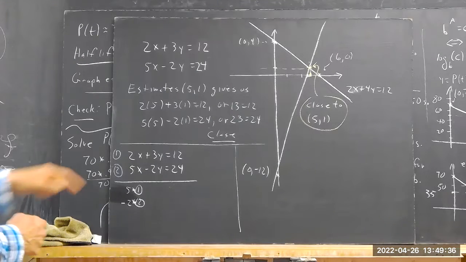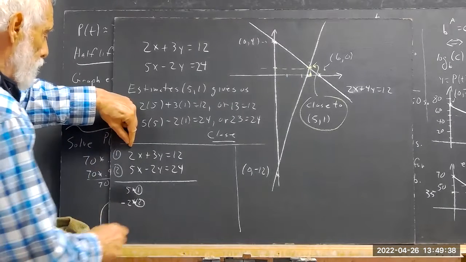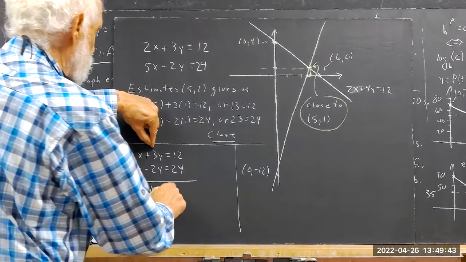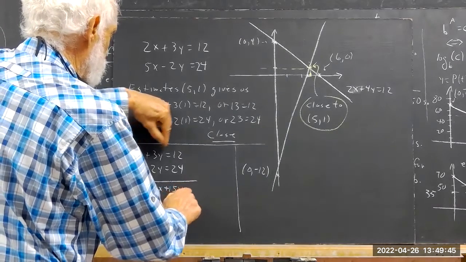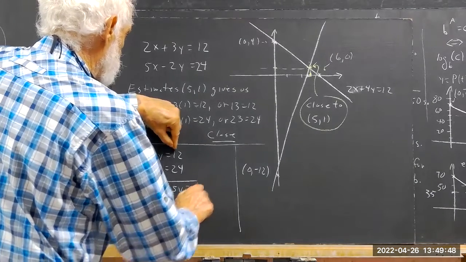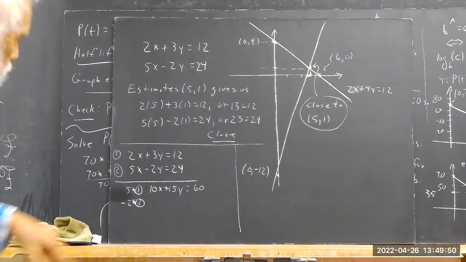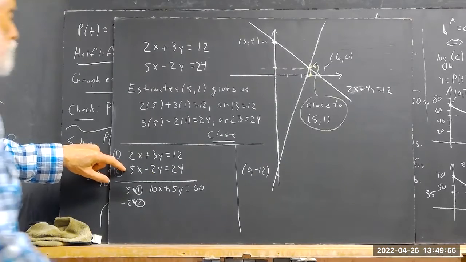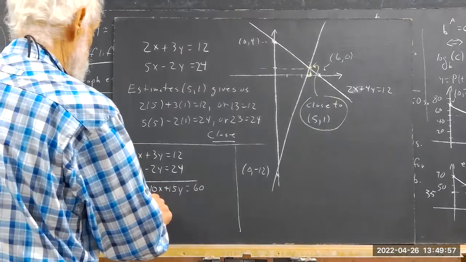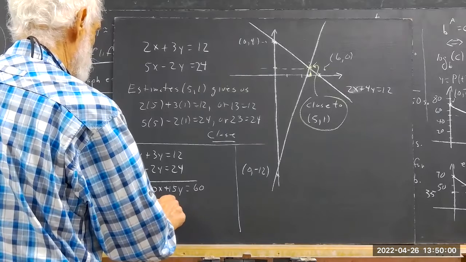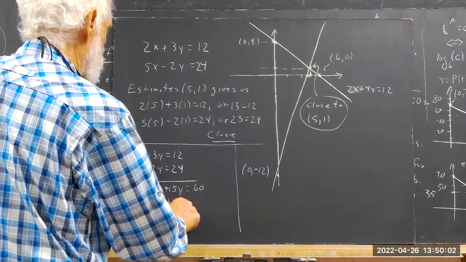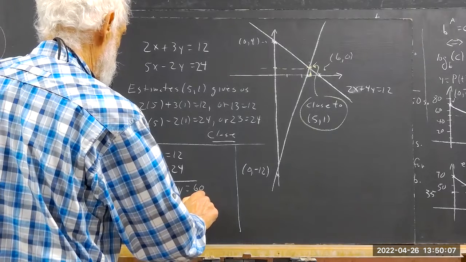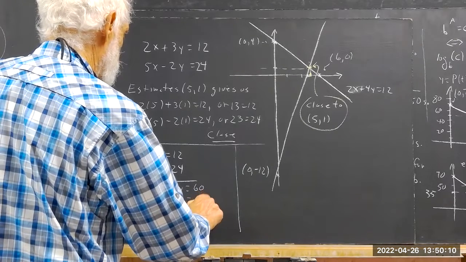Okay. So 5 times this equation, 5 times 2 is 10, so that's 10x. 5 times 3 is 15, so we got 15y. 5 times 12 is 60. Then we do minus 2 times this equation, which gives us negative 2 times 5 is negative 10. So we got negative 10x plus 4y equals negative 48.